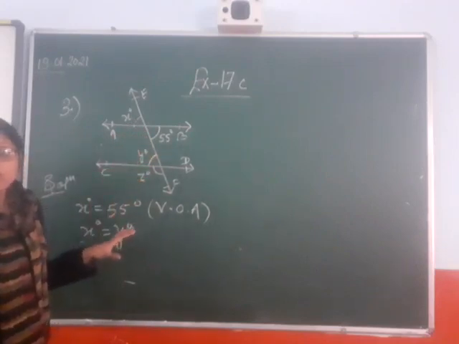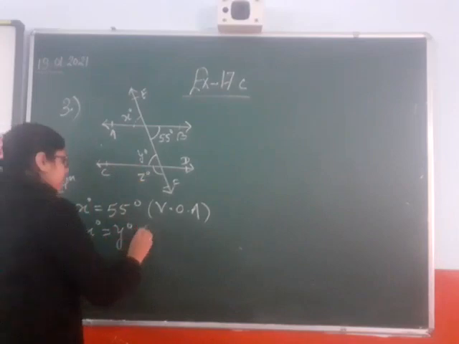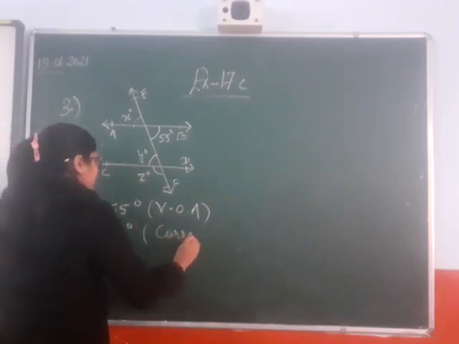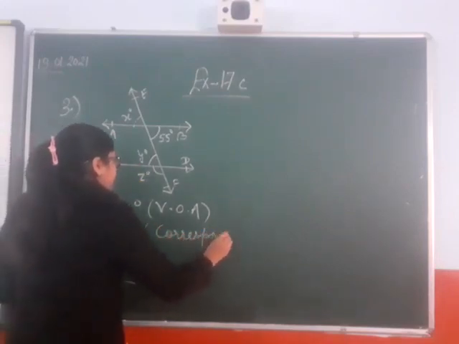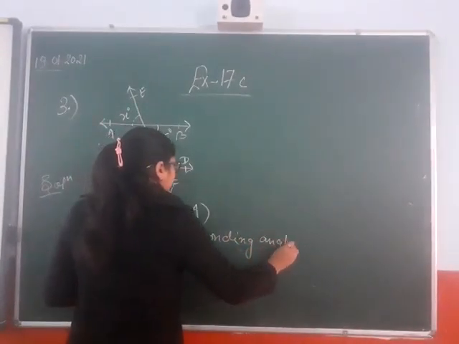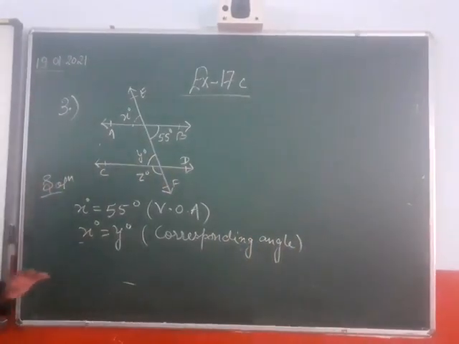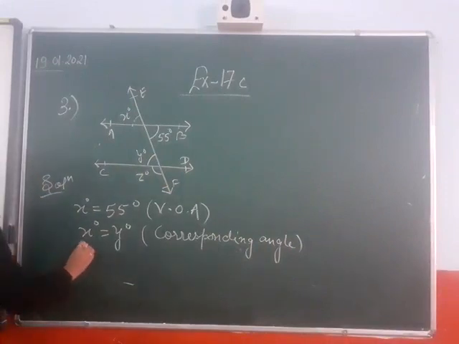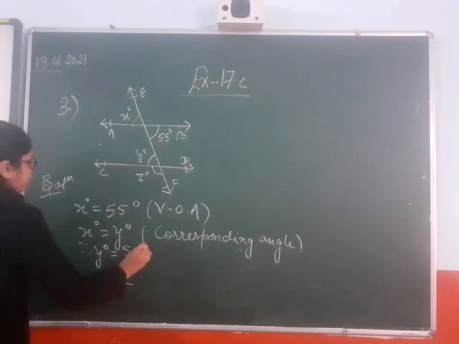They are forming corresponding angles. So X degree is equal to Y degree by corresponding angle. Therefore, Y degree will be equal to 55 degree.